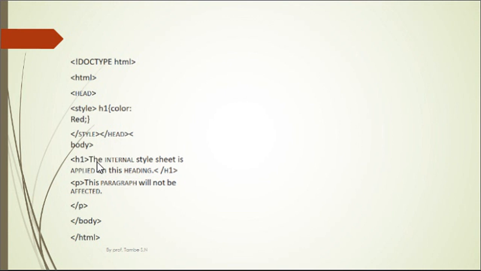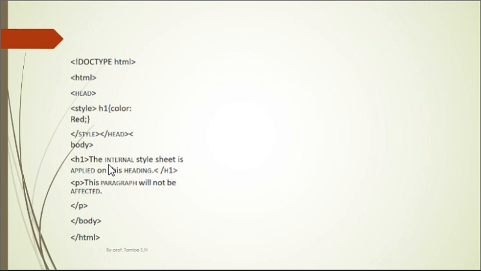Now here, the internal style sheet is applied on this heading. How can we write h1? Here we are assigning the style to a selector. h1 is nothing but your selector, and the internal style sheet is applied on this heading through this selector.